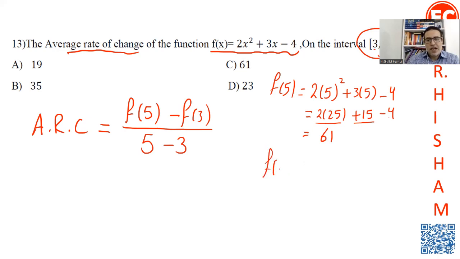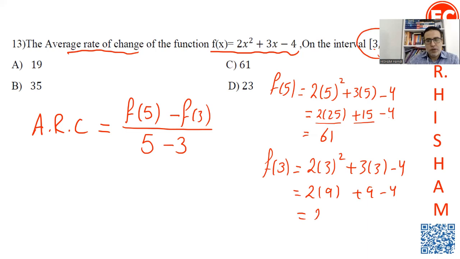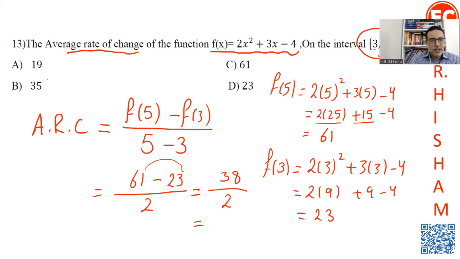And then I figure out the value of f of 3. 2 times 3 squared plus 3 by 3 minus 4, which is 2 by 9 plus 9 minus 4, which is 18 plus 5, 23. So it's f of 5, 61, minus 23, over 5 minus 3. 61 minus 23 is 38, 5 minus 2 is 3... 38 divided by 2 is equal to 19. So the value is 19.